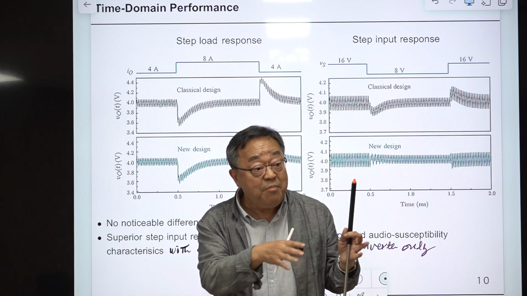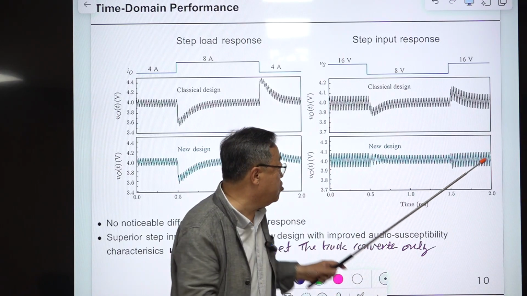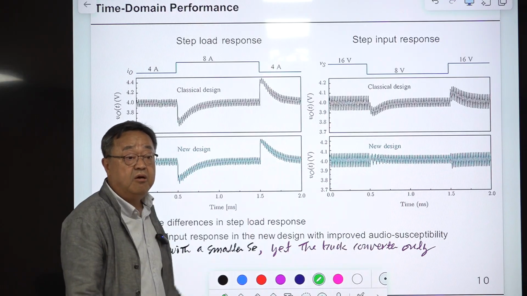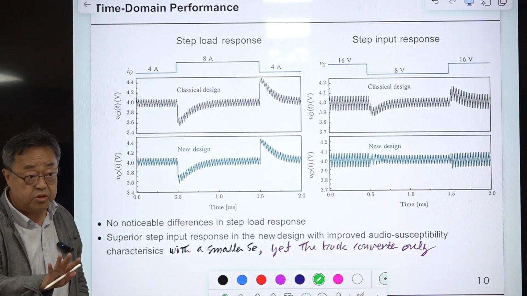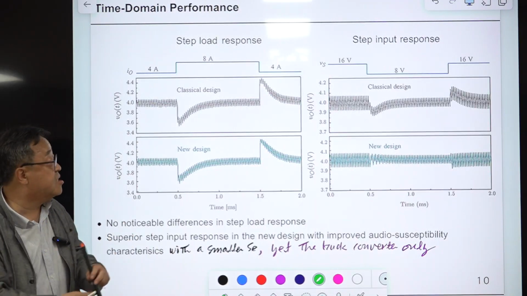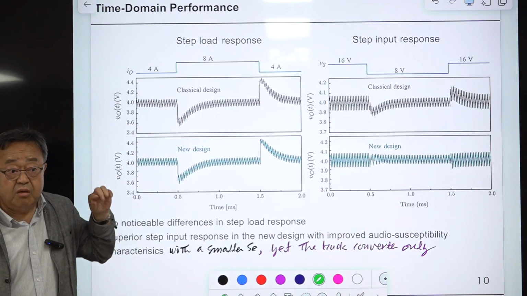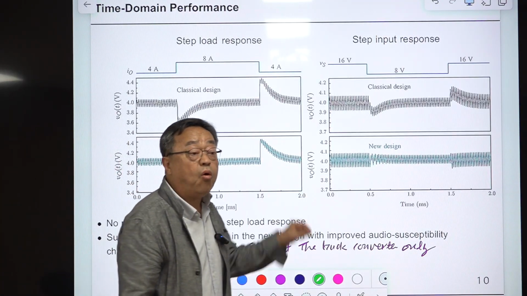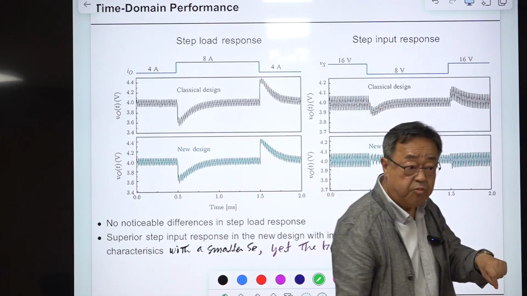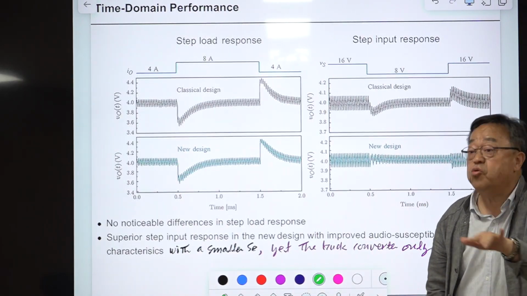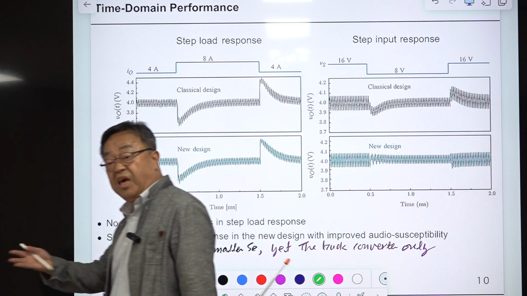It requires some time. So this kind of advantage won't occur in boost and buck boost converter. So there is no real advantage of increasing this Q in boost and buck boost converter. It only increases the risk of being unstable. Okay, so don't increase Q larger than 1 for any cases.